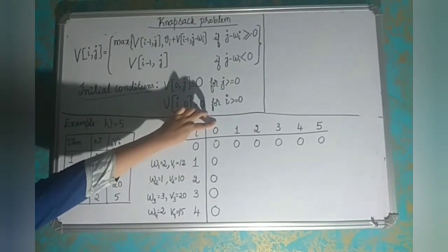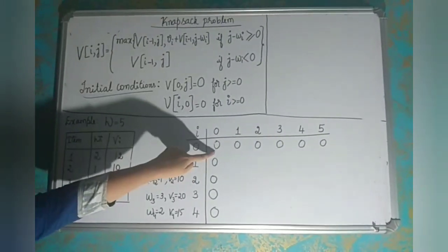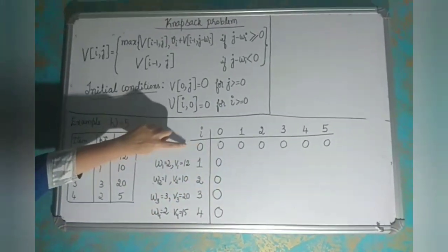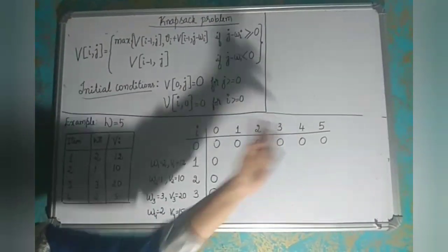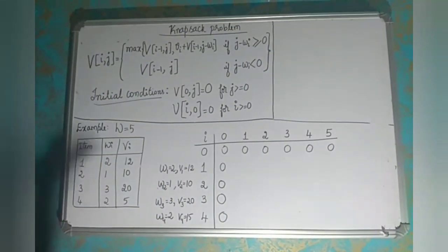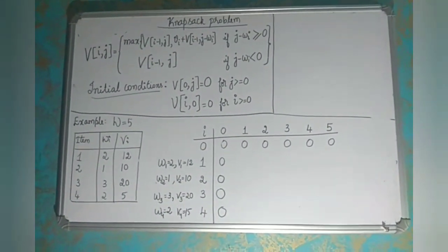So that means the bag has no capacity, so obviously the value should be 0. Or if you consider this case, where there are no items, then what profit will you gain? There are no items at all, so what will you fill? So obviously the profit gained is 0.